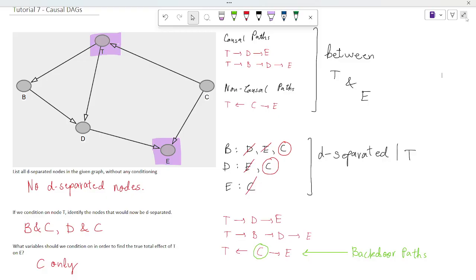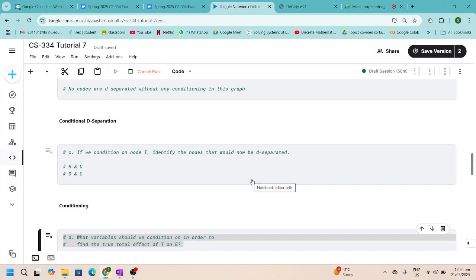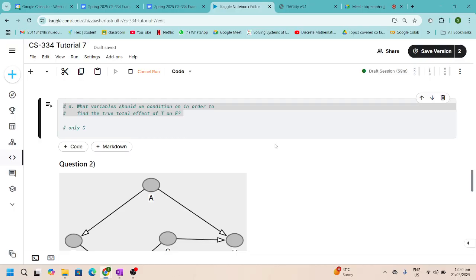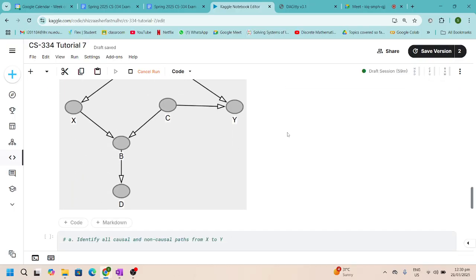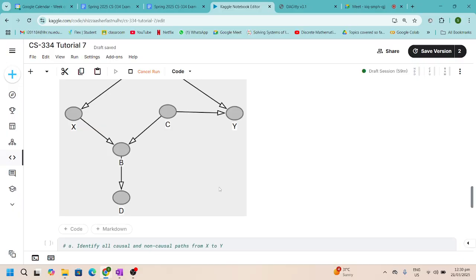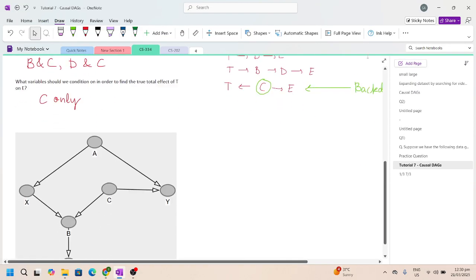Okay, perfect. With that, let's move on to our next graph and let me see what we are required to do over here. So this is the question that is given to you. First, you have to identify all the causal and non-causal paths from X till Y. So I have this graph here with me already.